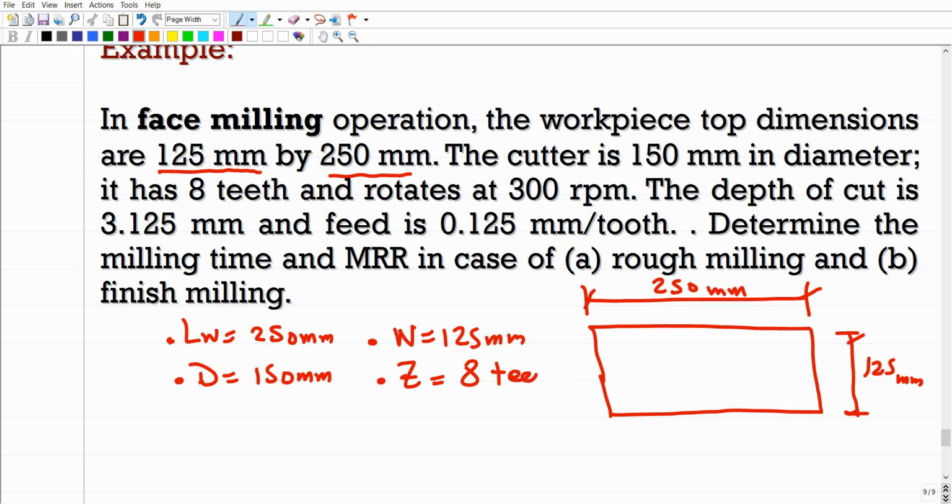So this is the number of teeth of the cutter, and it rotates at 300 RPM. This is the rotation of the cutter, the cutting motion. The cutting speed was given as 300 RPM, so that's why it was N, not V. The depth of cut, which is d, was given as 3.125 millimeter.